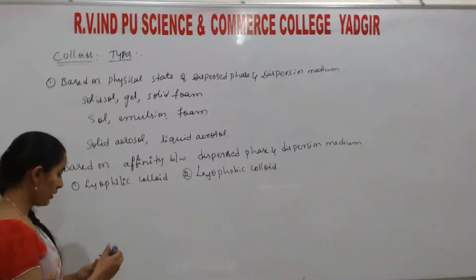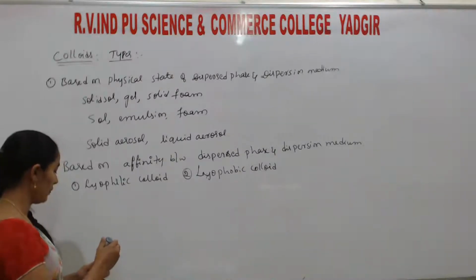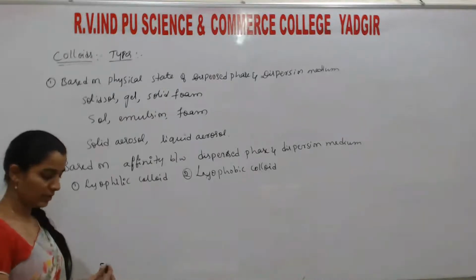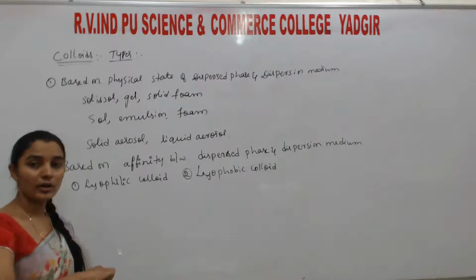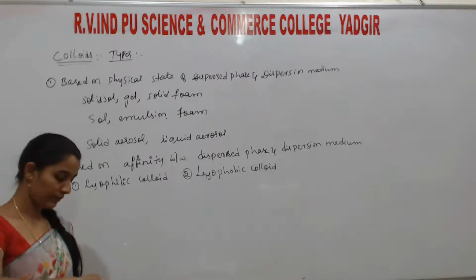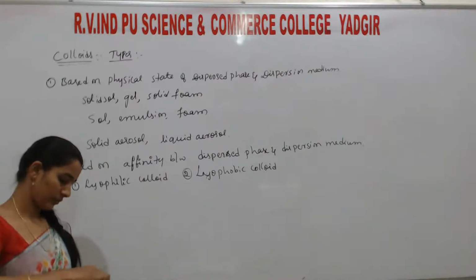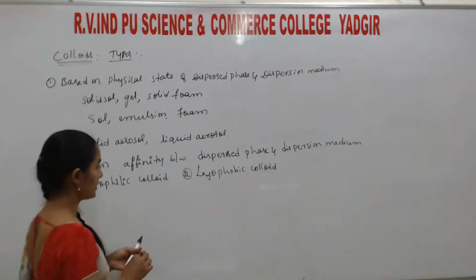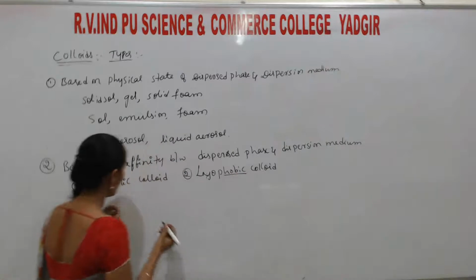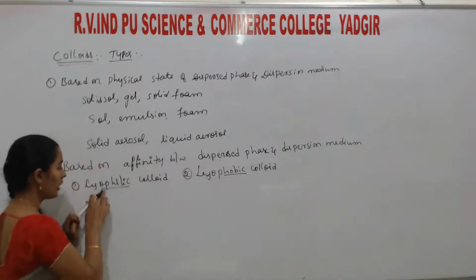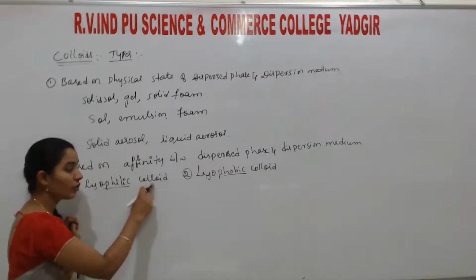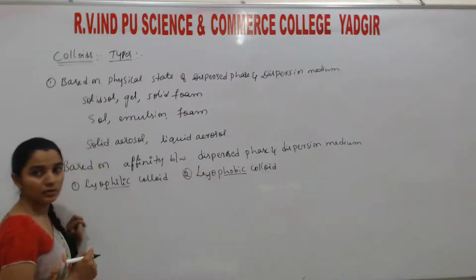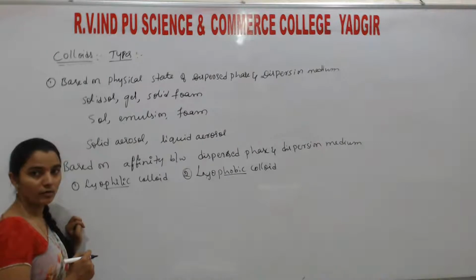Solvent loving are called lyophilic, solvent hating are called lyophobic. Phobic means hate, philic means love. Lyo means solvent. Solvent loving colloids are called lyophilic. Solvent hating colloids are called lyophobic.